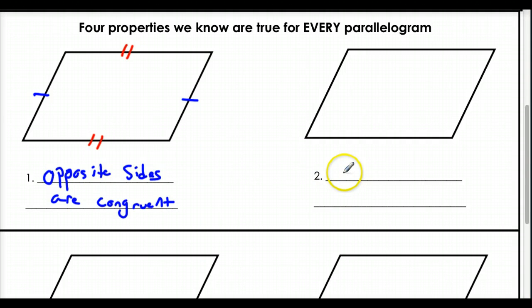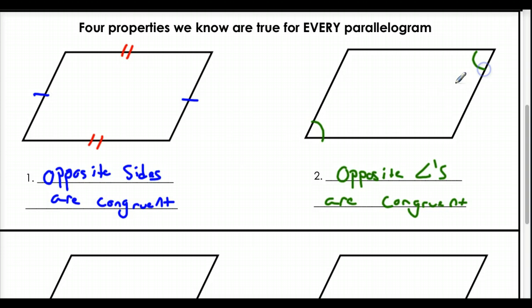The second fact we know about parallelograms: opposite angles are congruent. And what is an opposite angle? An opposite angle is when they're across from each other like this. So these two angles, these are the two tiny ones, or cute ones.